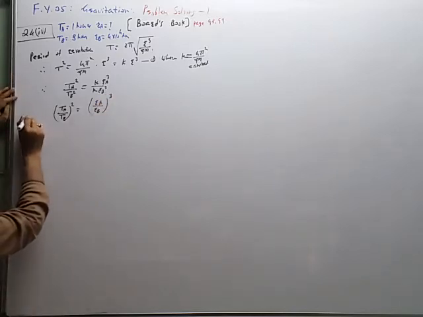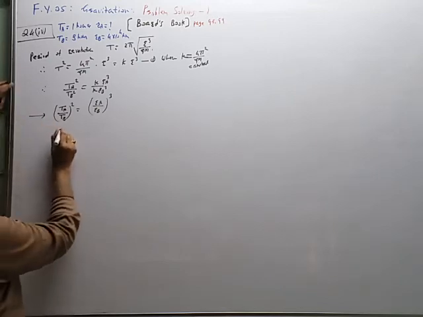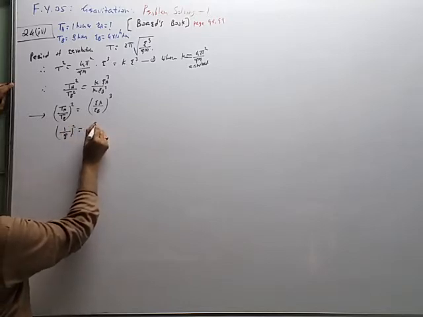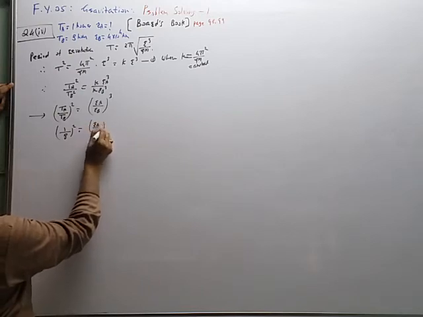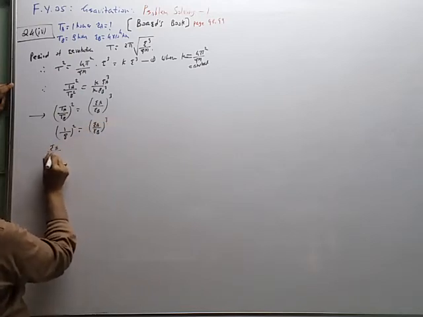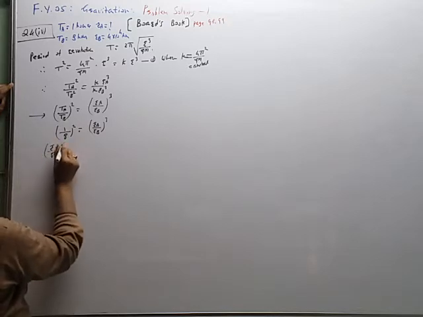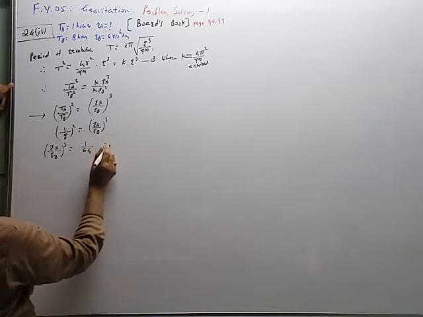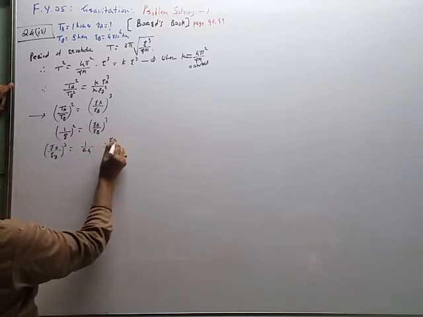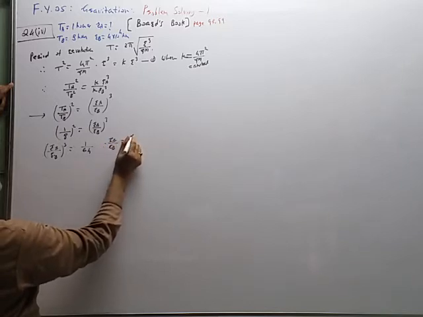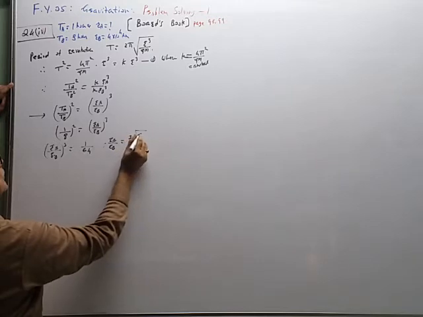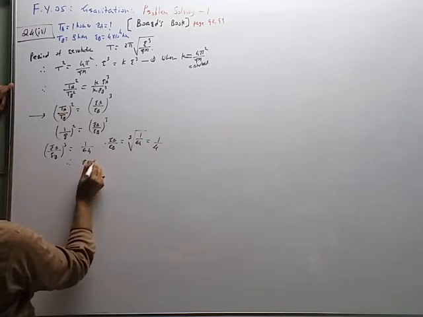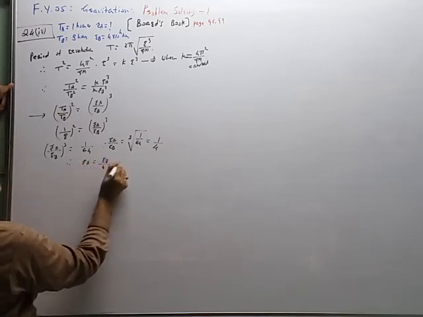We can start directly from here also. So substitute 1 upon 8 bracket square is equal to RA upon RB bracket cube. Therefore I will change the sign. RA upon RB cube is equal to 1 upon 64. Therefore RA upon RB is equal to the cube root of 1 upon 64, that is equal to 1 by 4, and therefore RA is equal to RB by 4.